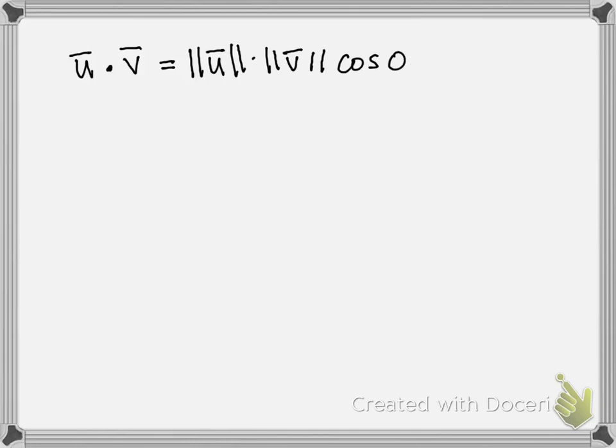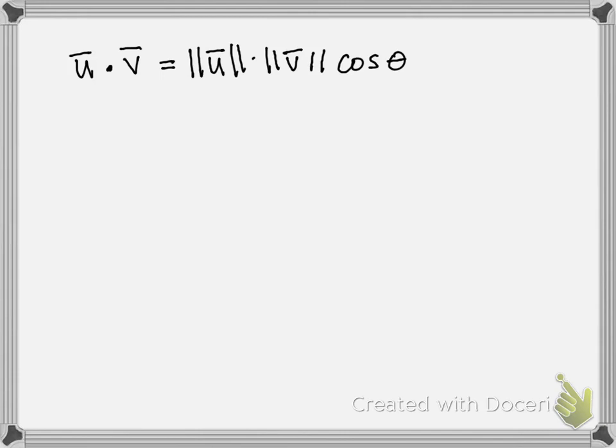So I also just want to emphasize that you could use the dot product to actually find the angle between two vectors. Because we have, let's just write the definition again. If I wanted to find the angle between u and v, I could just rearrange this formula.